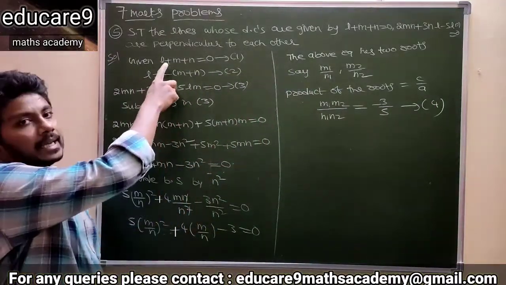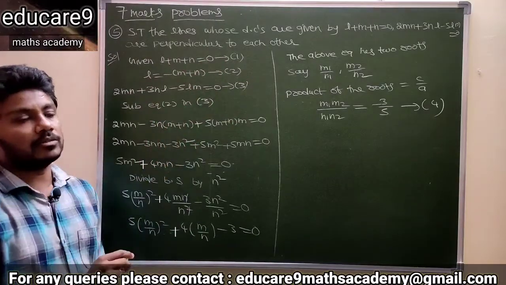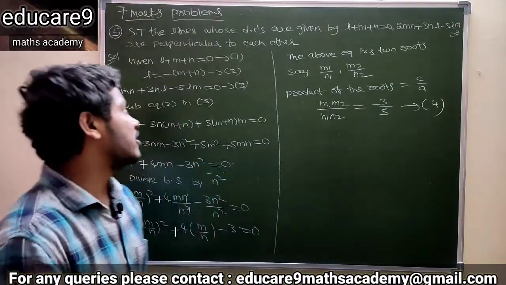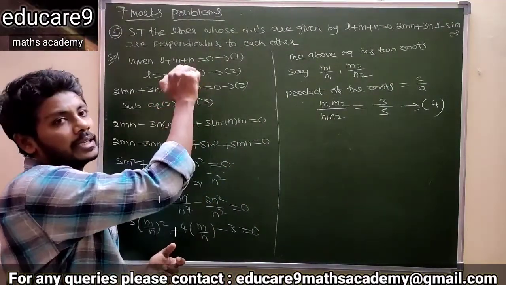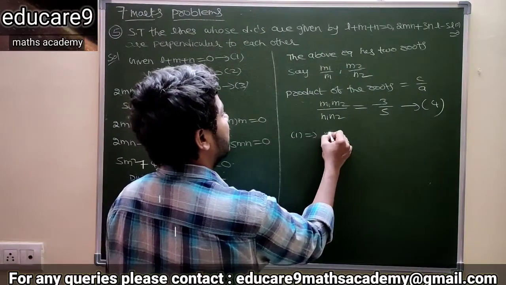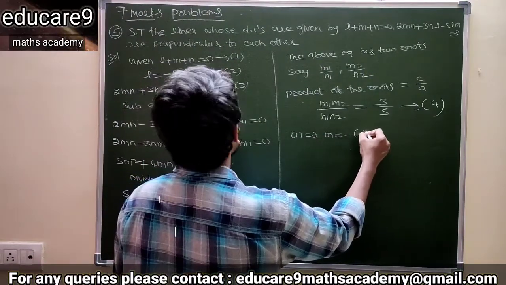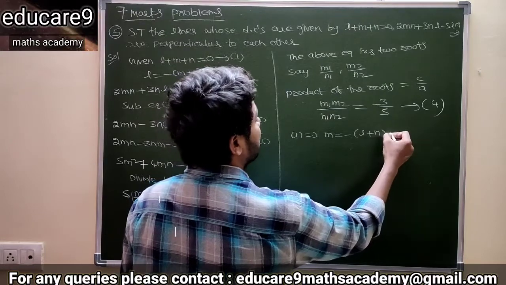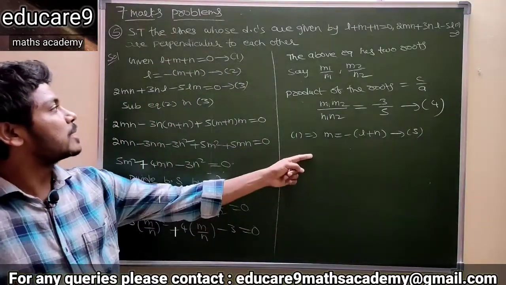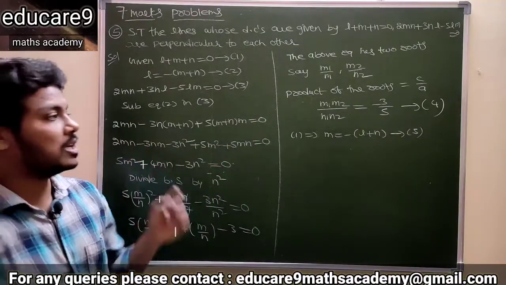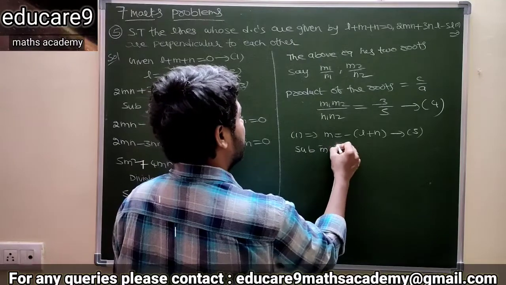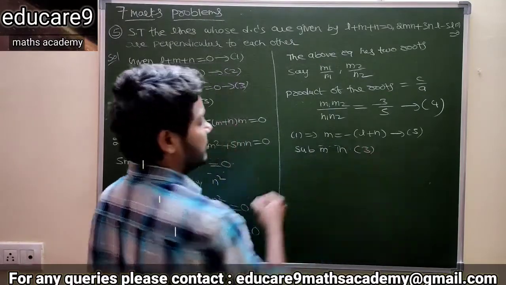Now again write either the m value or the n value, because you want the l1 l2 combination. So that's why you have to write either the m value or the n value. See here, from equation 1, m = -(l + n). This is equation 5. Now again substitute the m value in equation 3.